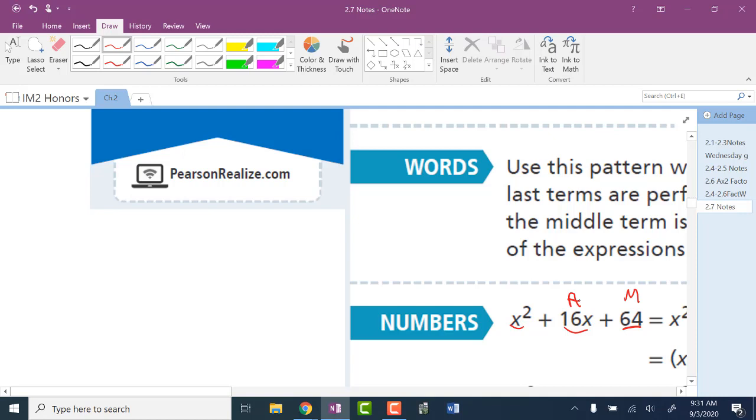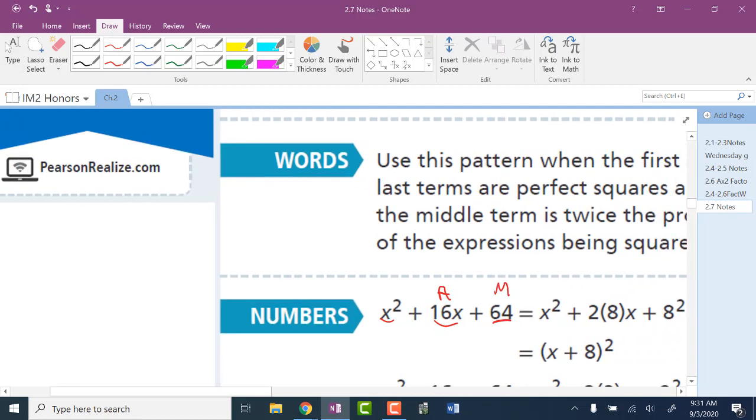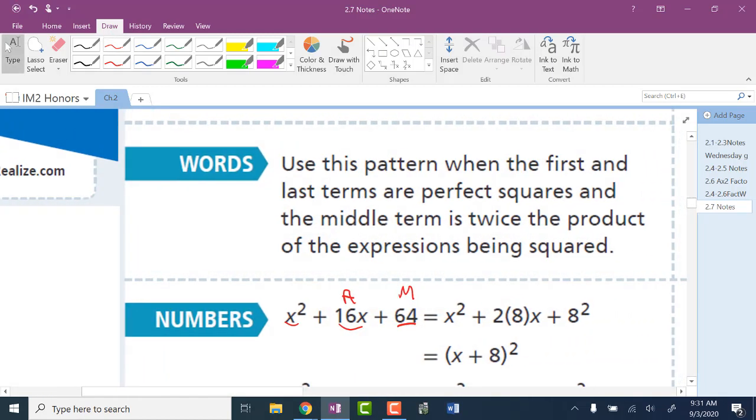MAs would work for this, but then it gets a little bit more complicated, and this is why you're going to want to recognize patterns. So, of course, what multiplies to 64 is 8 times 8 and 8 plus 8. So it factors to be x plus 8 times x plus 8, or x plus 8 squared.